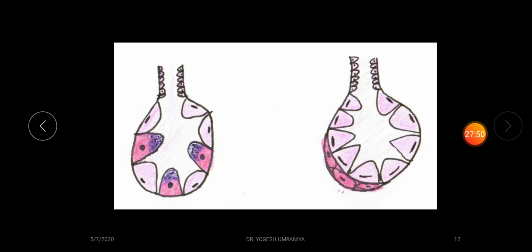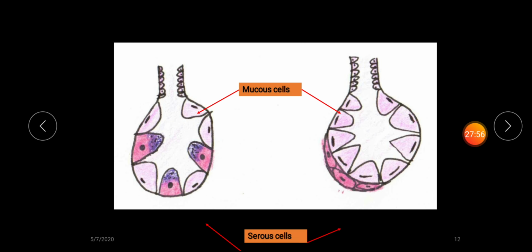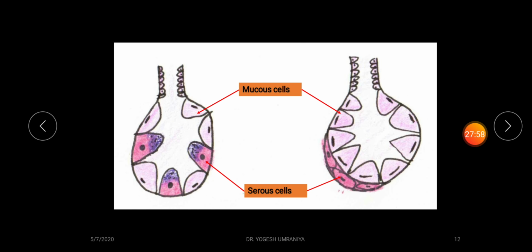So here in this figure you can see the mucous cells having the flat nucleus near the basal lamina, serous cells having the round nucleus towards the base, and you can also mark the staining property. At the base you will have the basophilic base and the acidophilic apex.